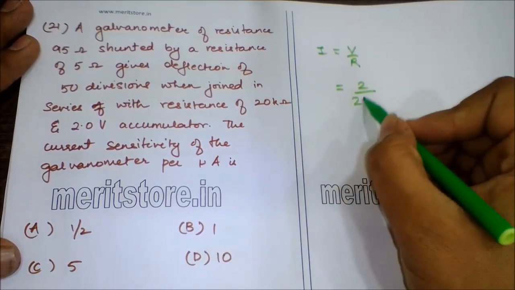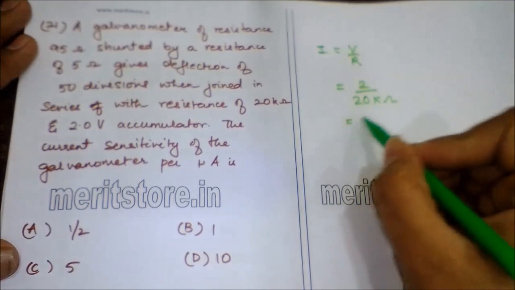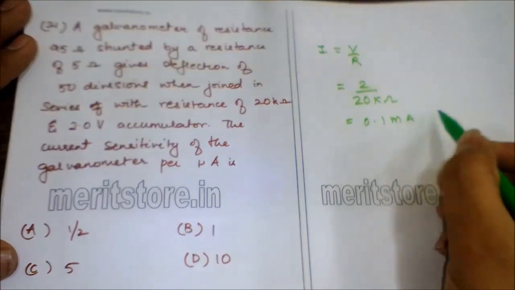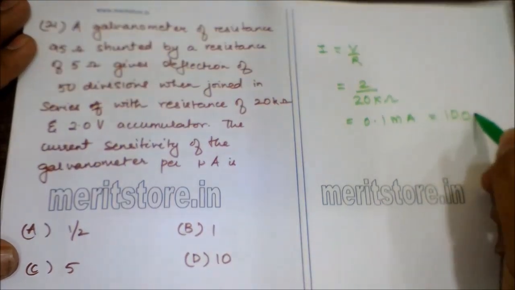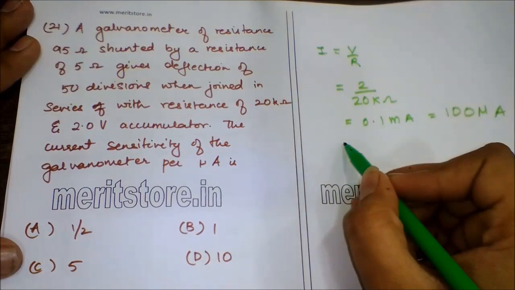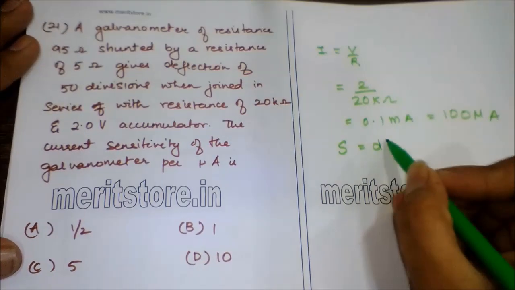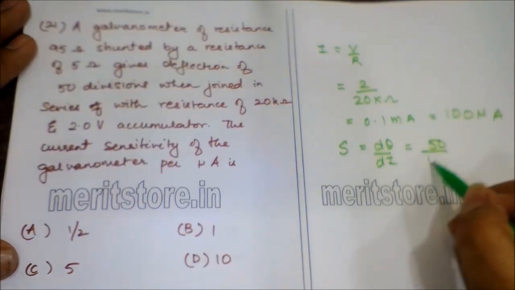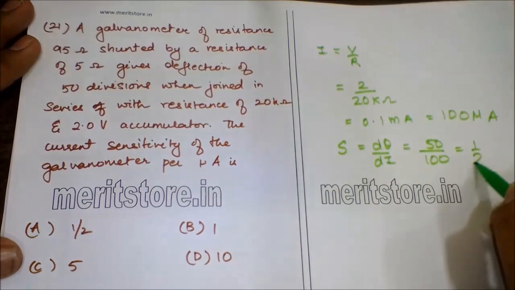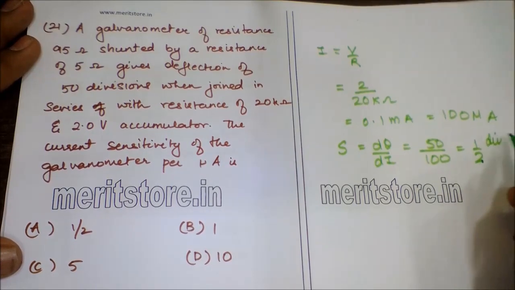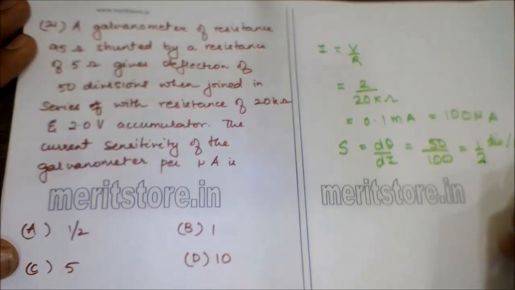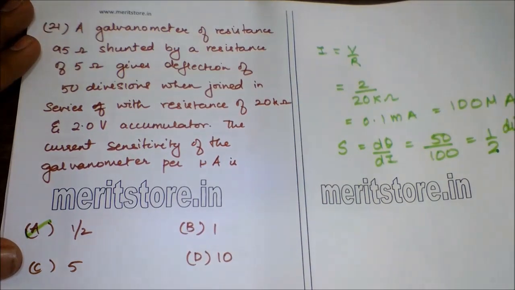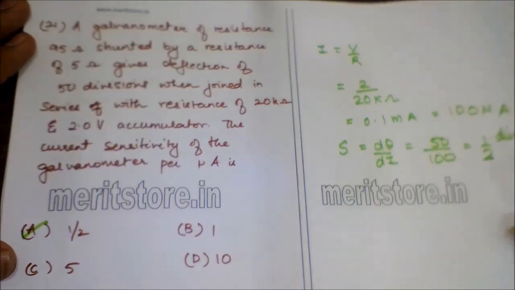So 2 upon 20 kilo ohm, which is 0.1 milliampere, which can be written as 100 microampere. Sensitivity S is nothing but d theta by dI, which is equal to 50 upon 100, which is 1 by 2 divisions per microampere. So option A, 1 by 2, is the correct answer.